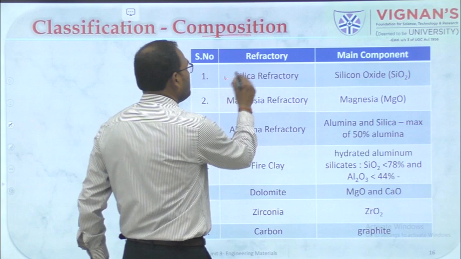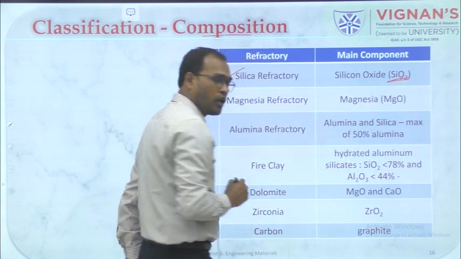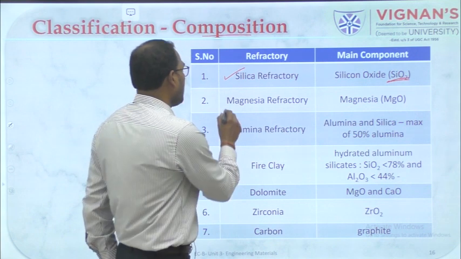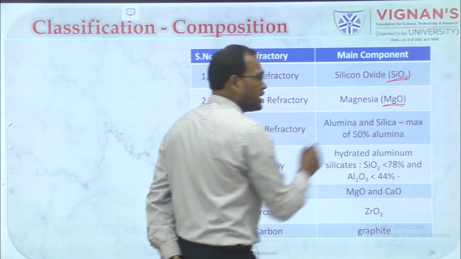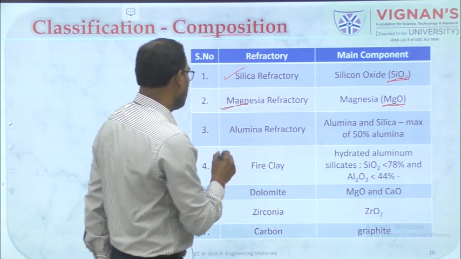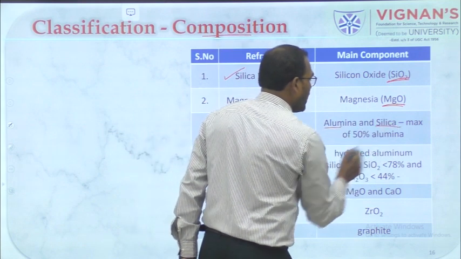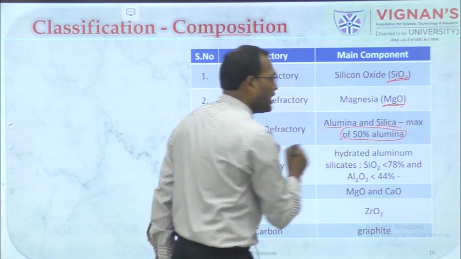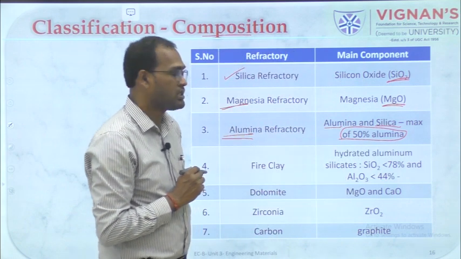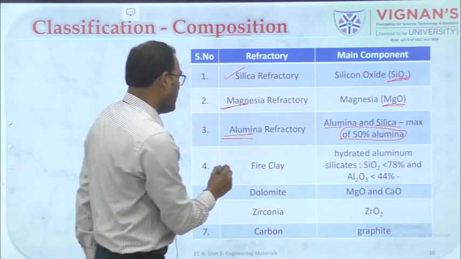We can classify silica refractory, where silica is the raw material, and magnesia refractory, which uses magnesia as the main component. Alumina refractory is a mixture of alumina and silica, where 50% alumina is used and the other 50% will be silica. So that is alumina refractory.